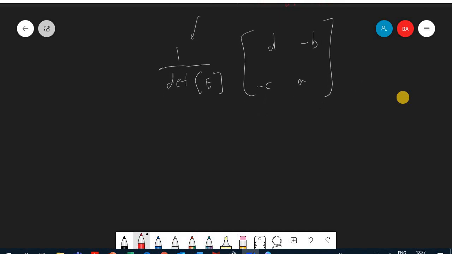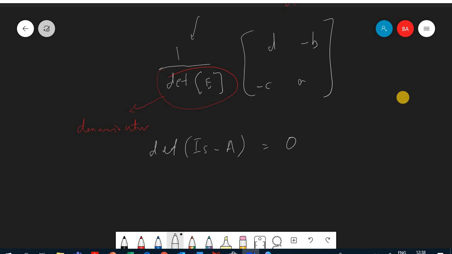And the last thing that I'm going to say is that now we can see that this is in the denominator, and usually in the denominator, the poles matter.